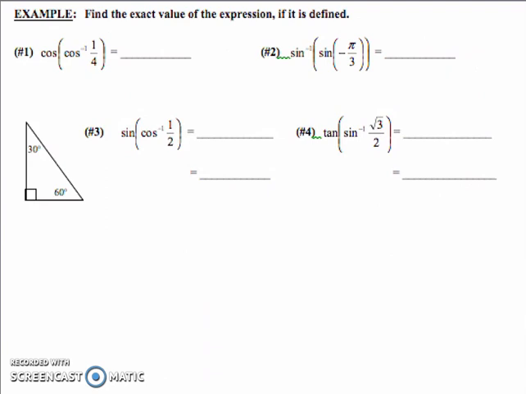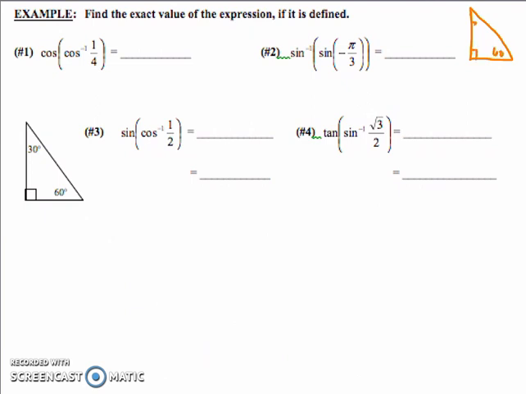Okay, moving on. We're going to talk a little bit about using exact values of expressions to find our answers here. Okay, so I don't have it on my page, but I believe on your page up here in the corner you probably have a little right triangle, which we're just going to draw in here, a 30, 60, 90 right triangle.